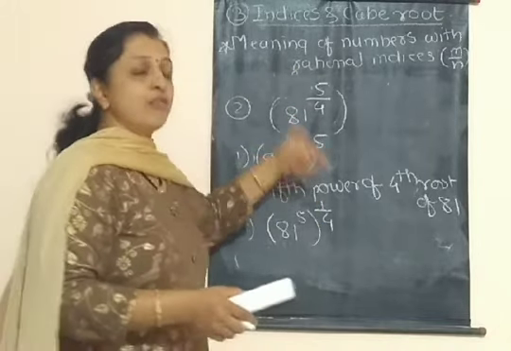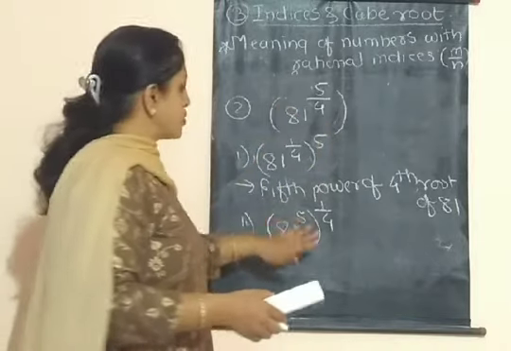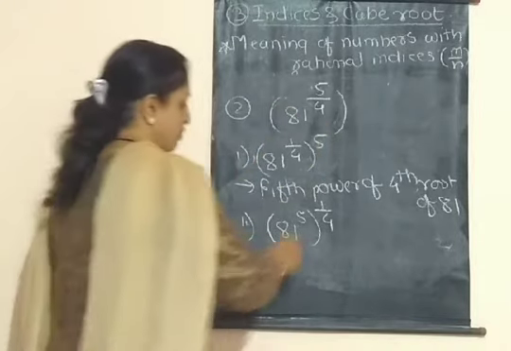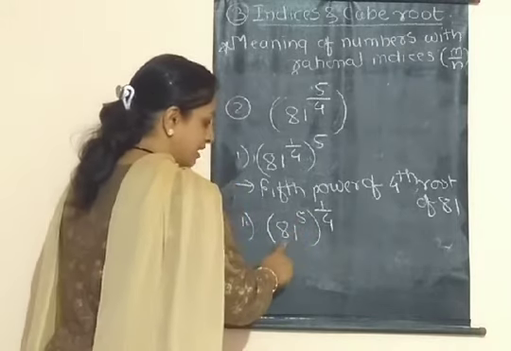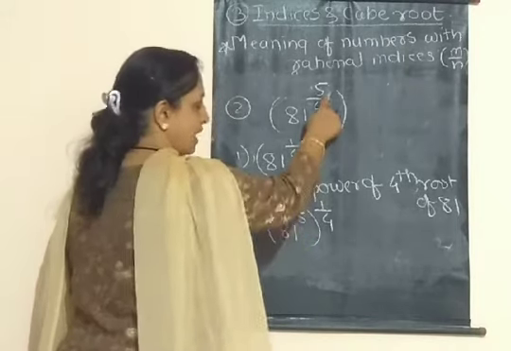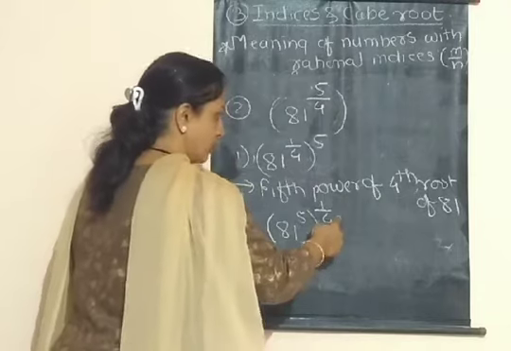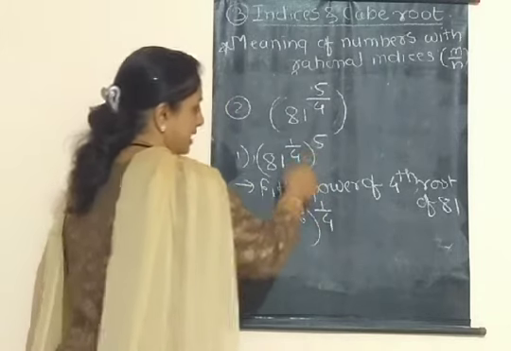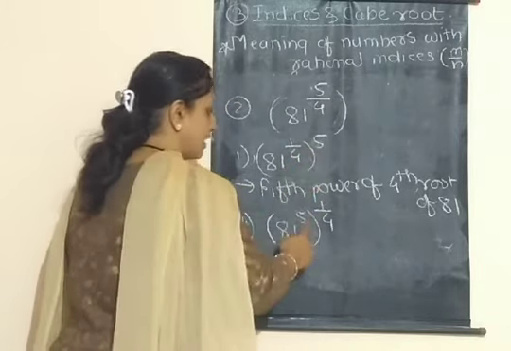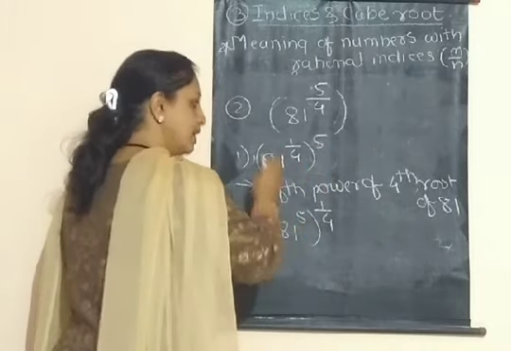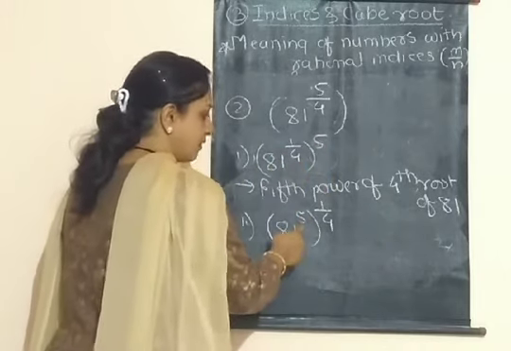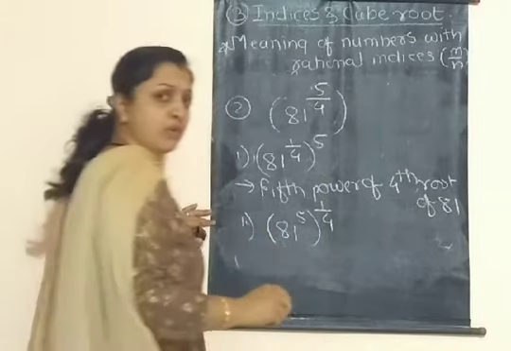You can't write 1 upon 5. So the positions should not be changed. This number can also be written like this: (81 raised to 5) and then raised to 1/4. Here we exchange these positions. In the first form we take the 5 outside and 1/4 inside; here we take the 5 inside and 1/4 outside.